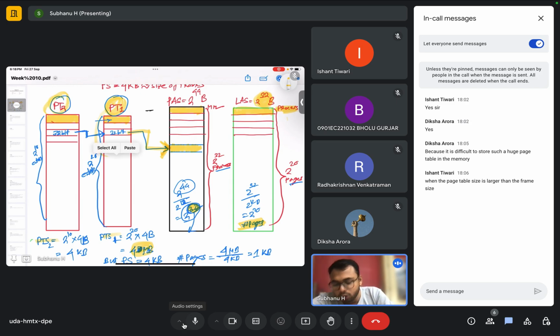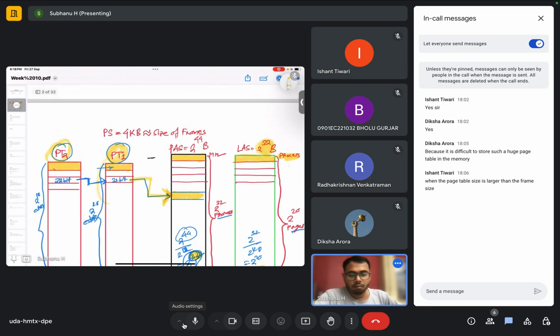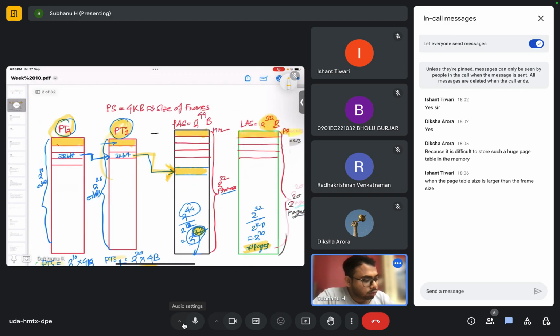So how many pages do you have? Number of pages is equal to 4 MB by 4 KB, which is equal to 1 kilobyte. This is the number of pages.